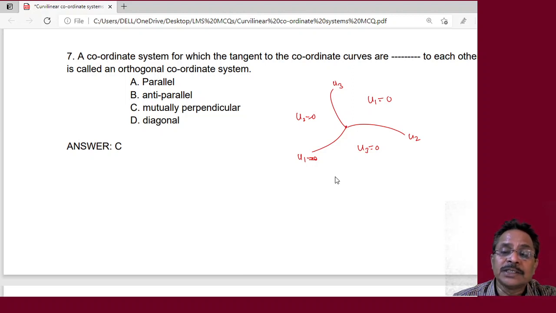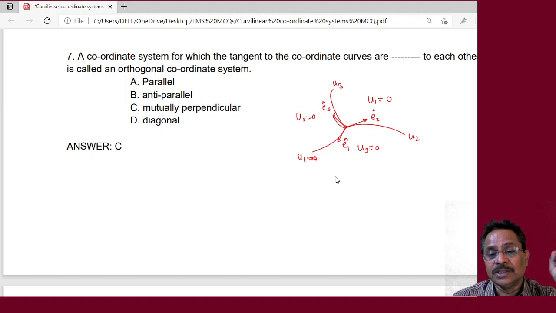From this common intersection point I can draw one tangent, called E2 cap. For this I can draw another tangent, E3 cap. And similarly for this I can draw another tangent, E1 cap.